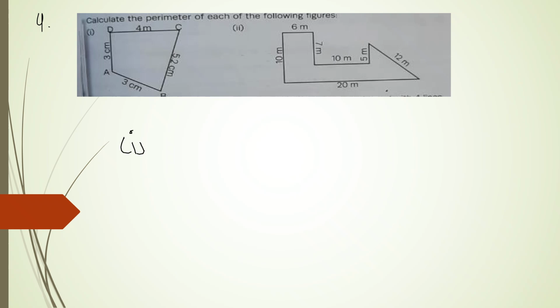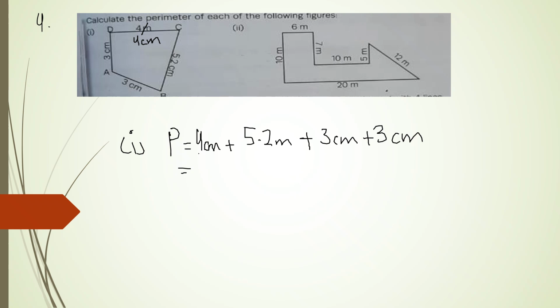You have to add all the lengths: 4 centimeter plus 5.2 centimeter plus 3 centimeter plus 3 centimeter. Add the whole numbers first: 4, 5, 6, 7, 8, 9, 10. 10 plus 5 is 15. And there is a 0.2, so 15.2 centimeter, right?